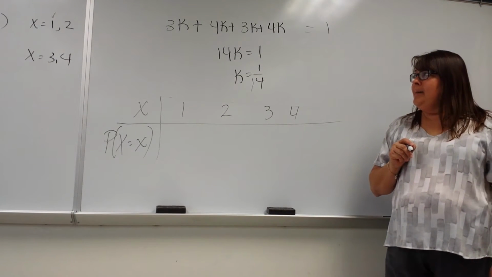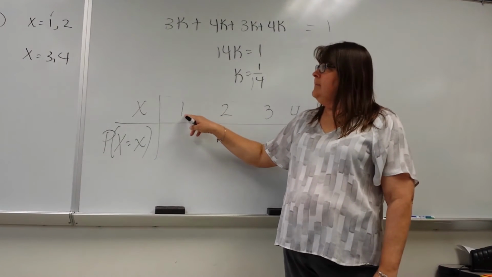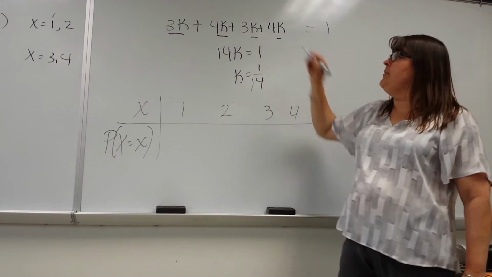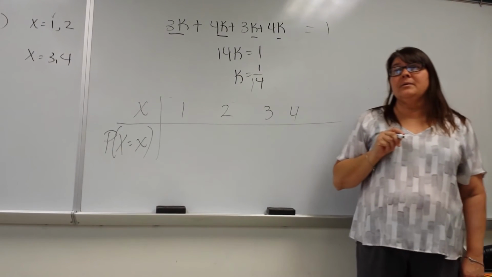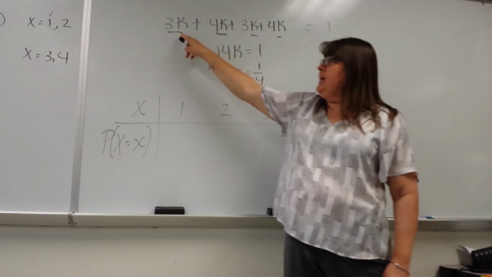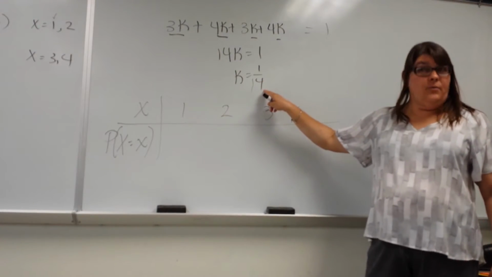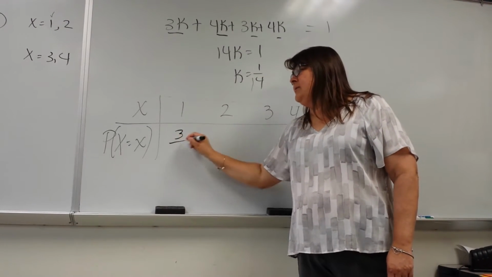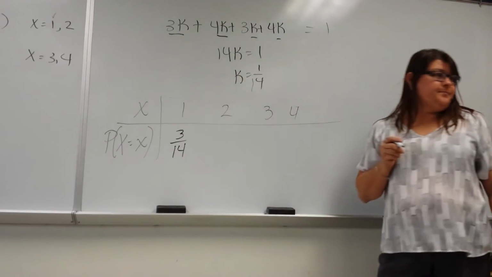How about with a 1? Remember, this represented 1, this was 2, that was 3, that was 4, so we can go back and use those. So what would this be? 3K. Well, K is what? 1/14. So what is this here? 3/14. 3/14 is correct.